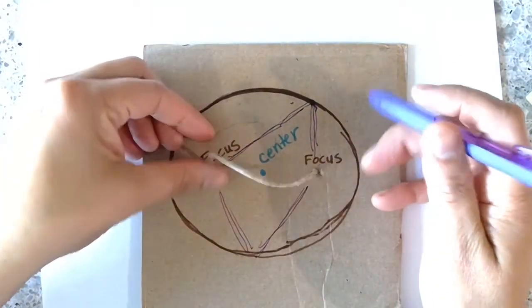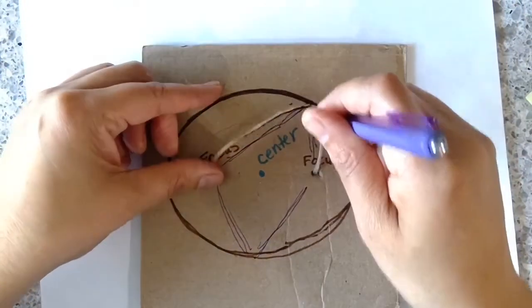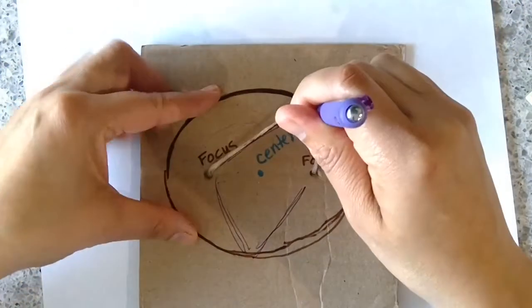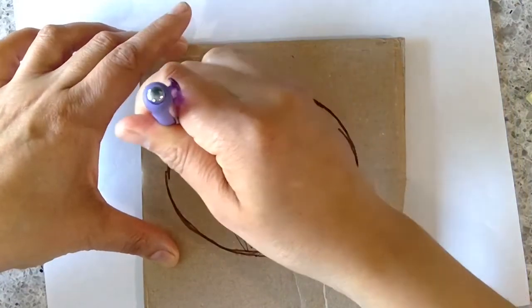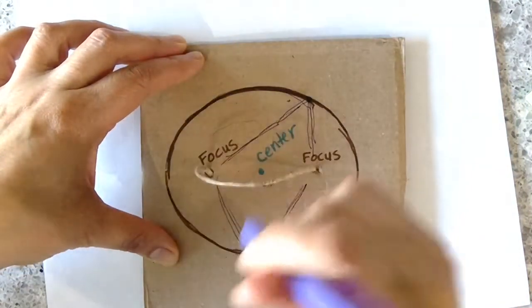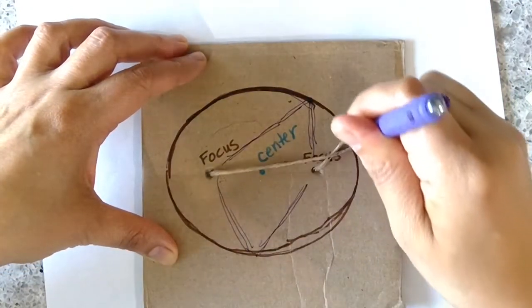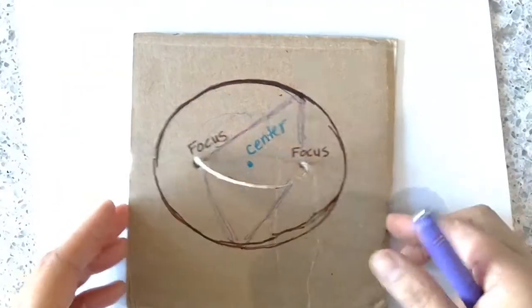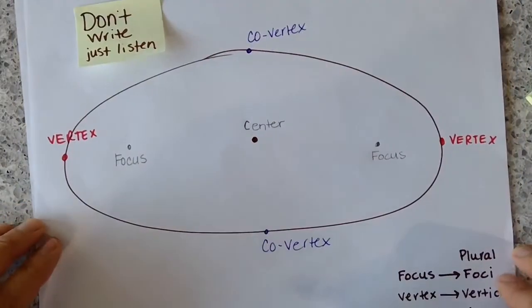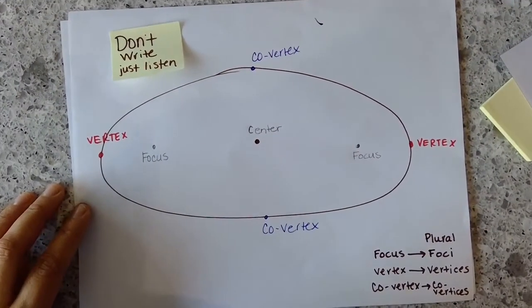And that actually makes sense. Why? Because it's the same string. So no matter where I move it, the string length is the same, that distance is the same. And so that's actually the definition of your ellipse: center, focus points, and so forth. Don't write this down. Just kind of make sense of it, and then we'll take notes.